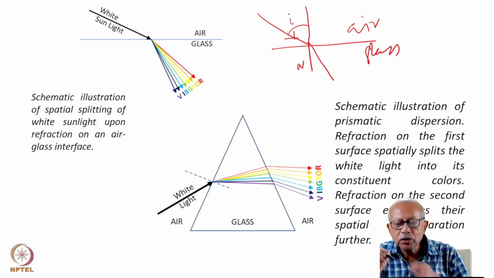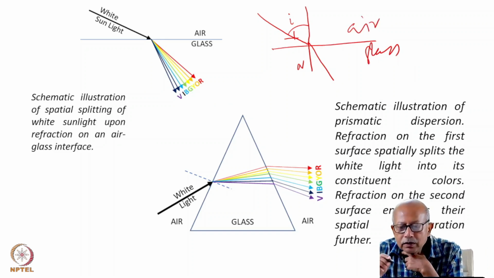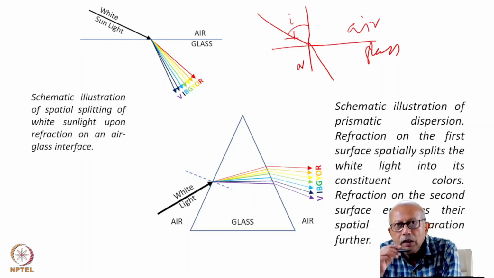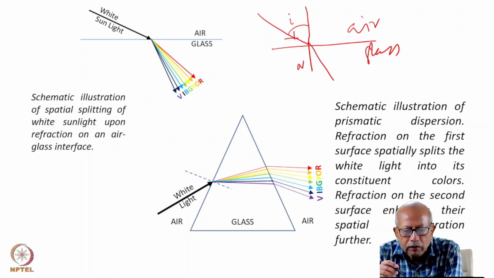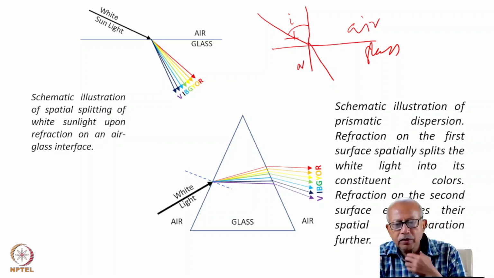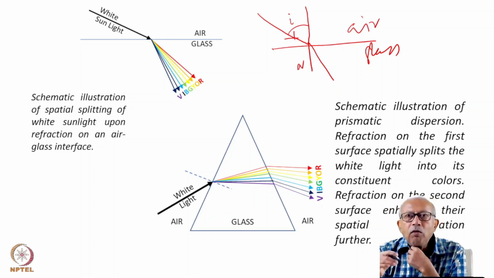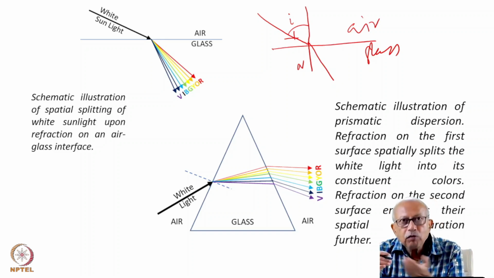So the obvious question that we need to ask here is whether all these colors, that is violet, indigo, blue, green, orange, red, will the glass offer the same refractive index for all of them?